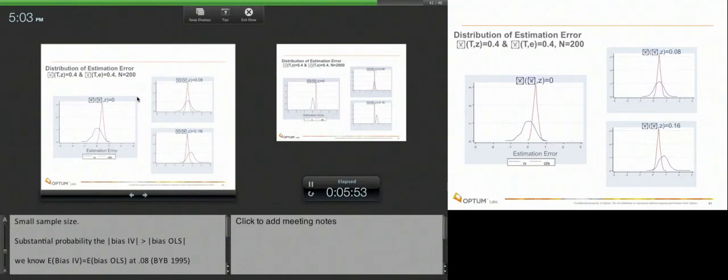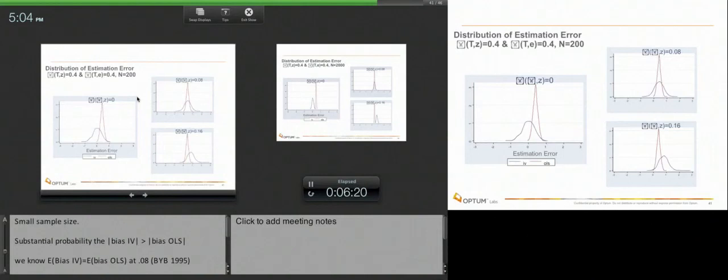Instrumental variables has a bigger standard error than ordinary least squares. But again, it's not really obvious which is the better method, because the area under the curve here is probably bigger in instrumental variables than with ordinary least squares. It's kind of a coin flip.